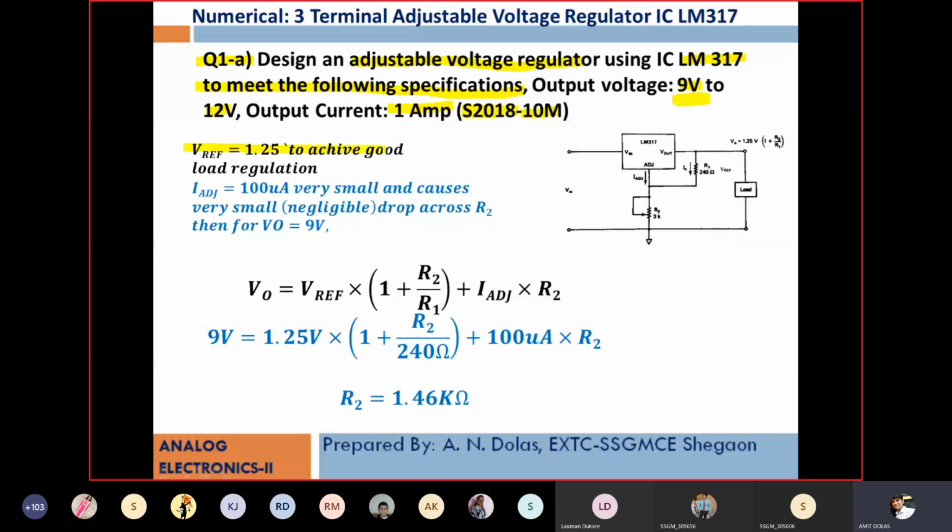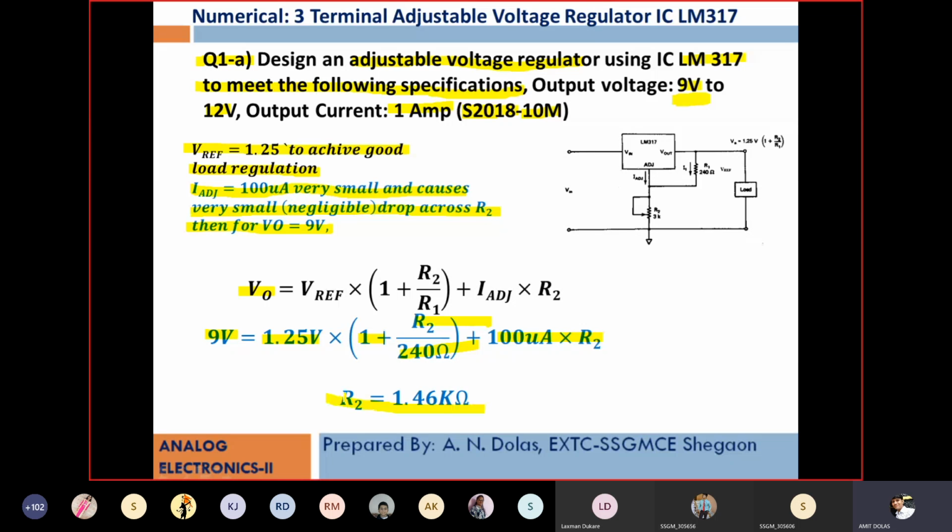So we know that V reference is 1.25 volt, and R1 is 240 ohm to achieve good load regulation. I adjust is 100 microampere, causes a small or very negligible voltage drop across R2. Then calculating for V0 equal to 9 volt, putting the values, V reference 1.25 volt into 1 plus R2 by R1, plus 100 microampere into R2.